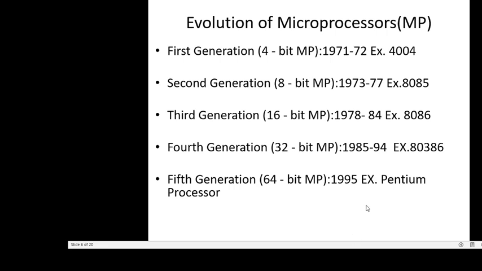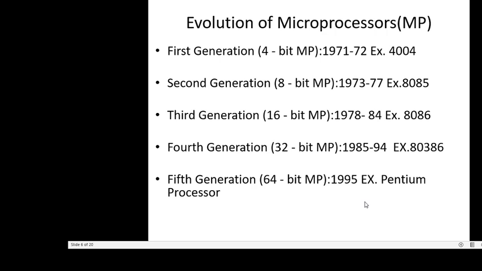Now, when we go through the history or evolution of the microprocessor, depending upon their size, we can have 5 different generations. When we talk about the first generation, they designed a simple microprocessor, the 4004, which is a 4-bit microprocessor. What does 4-bit mean? It can process only 4-bit data at a time.